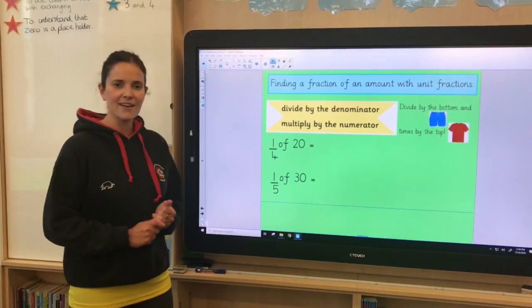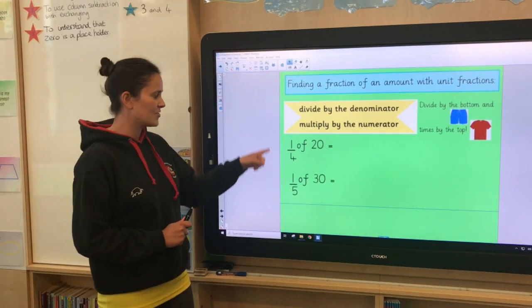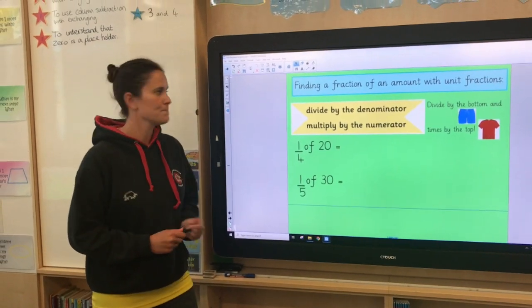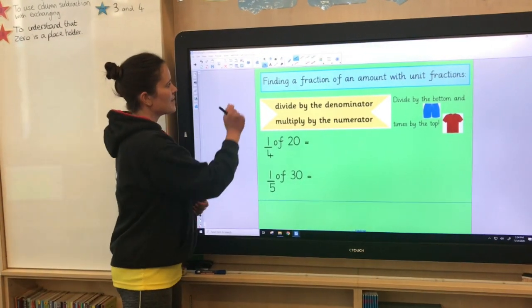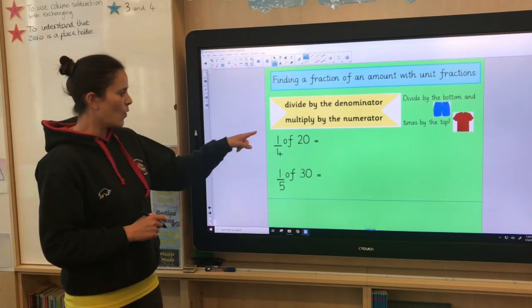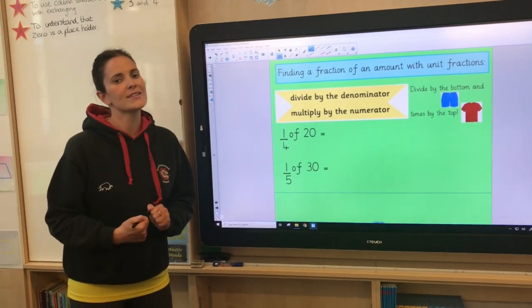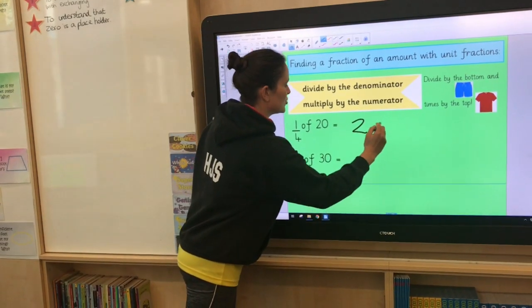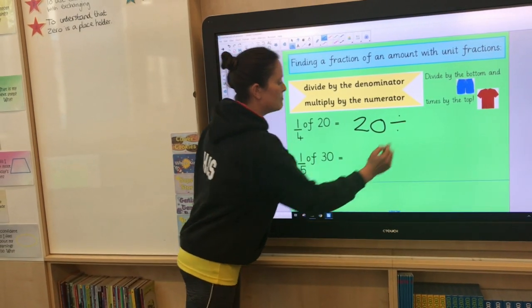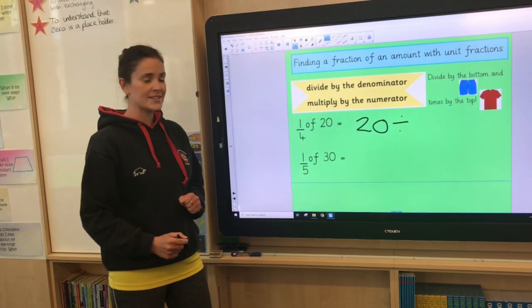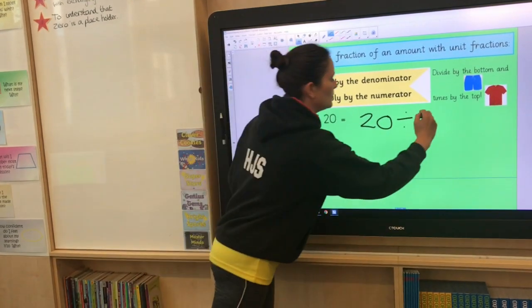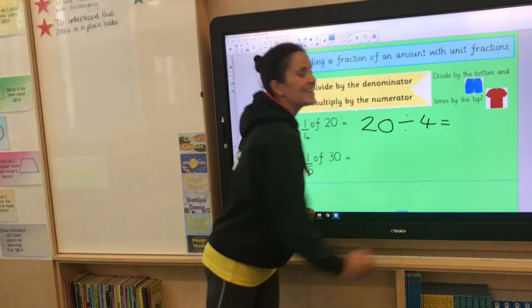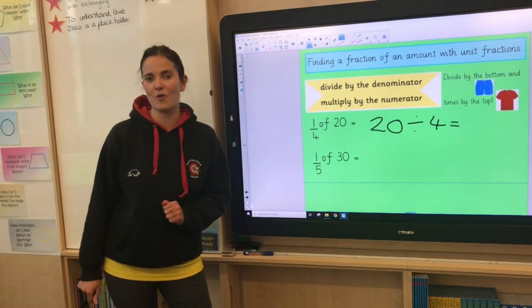So yesterday, hopefully you learnt how to answer questions like this one. So, if I want to find 1/4 of 20, the first thing I need to do is to divide my amount, which is 20, by 4, because that is the denominator of my fraction.